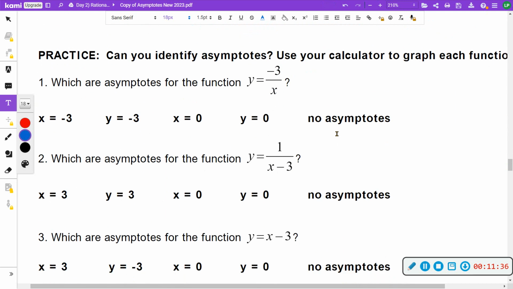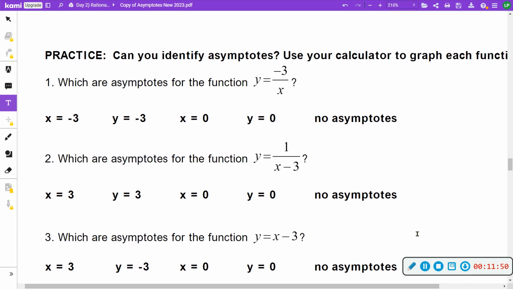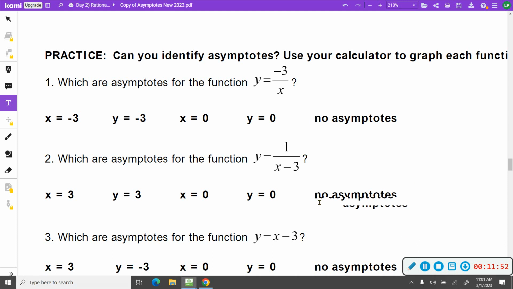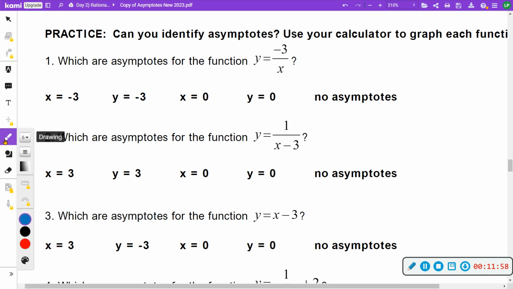Now let's go through and identify some more asymptotes. Notice they have the verticals and the horizontal. So this is vertical, horizontal, vertical, horizontal. And they want me to circle what they are. So we're going to identify the asymptotes. I'm going to start off with the vertical ones, and I'll do those in red.